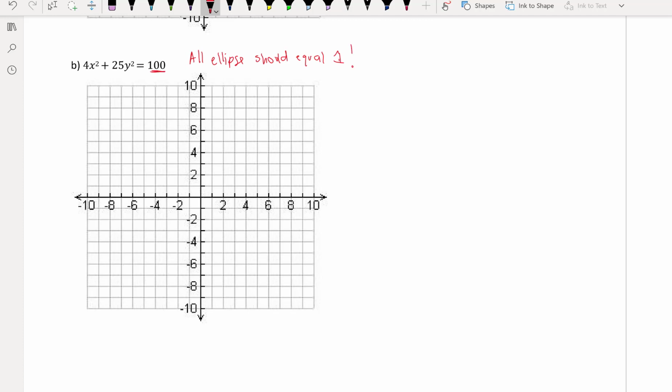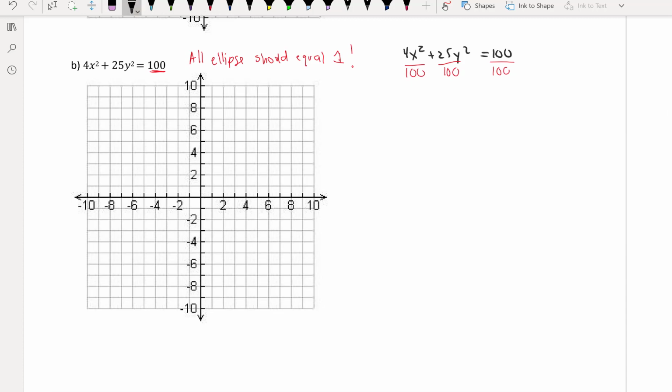Okay, so this is not 1, but we can force it to make it look like 1. So I have my 4x squared plus my 25y squared equal to 100. Since I want it to equal 1, I'm going to divide by 100, because 100 divided by 100 is 1. That means everything gets divided by 100.